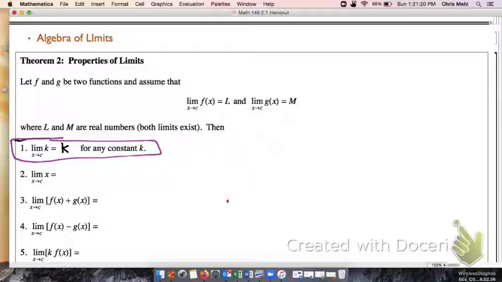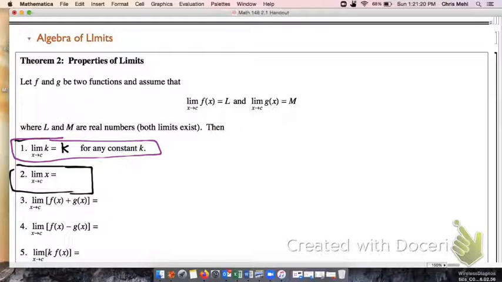Let me erase this. Now for number 2. Now I'm calculating the second one.